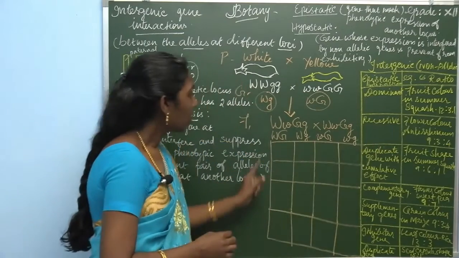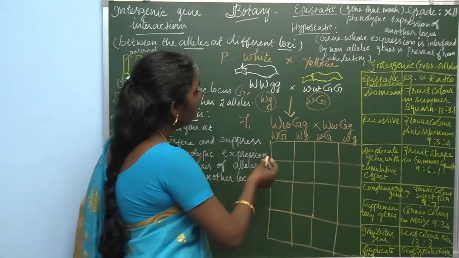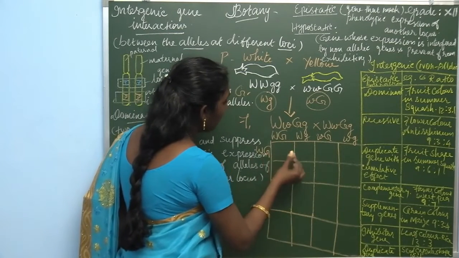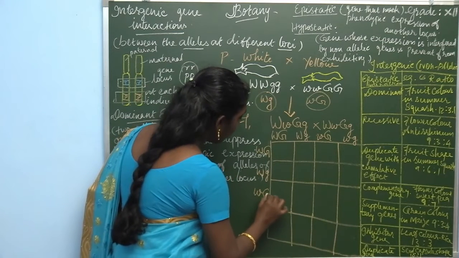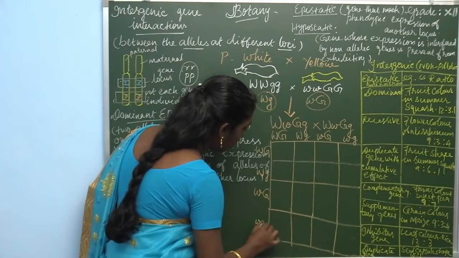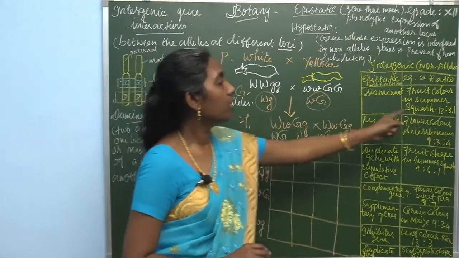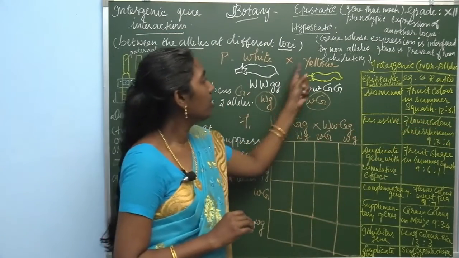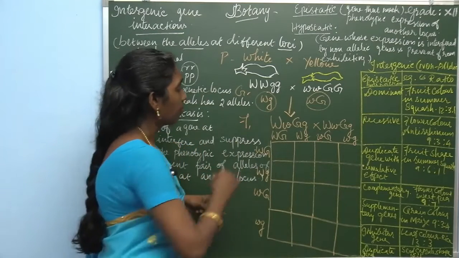The same set goes on the other side; one set we can take as male, another set as female. So fill it in and it gives the ratio 12:3:1 in this character. It shows dominant epistasis.